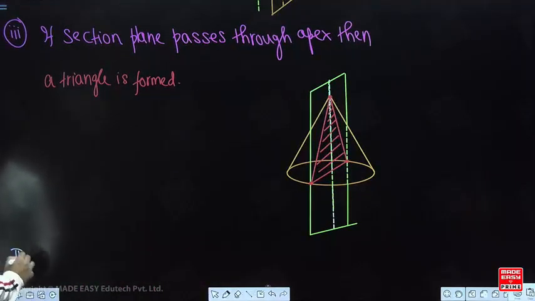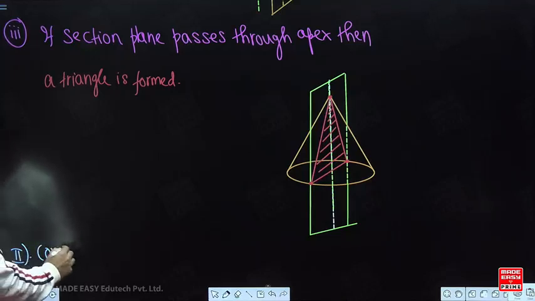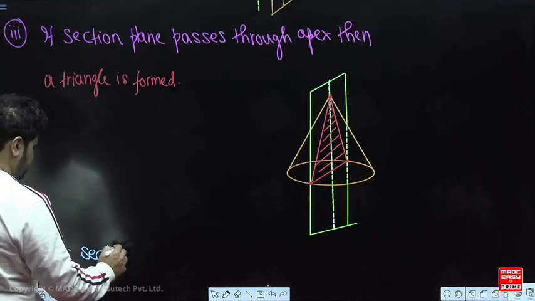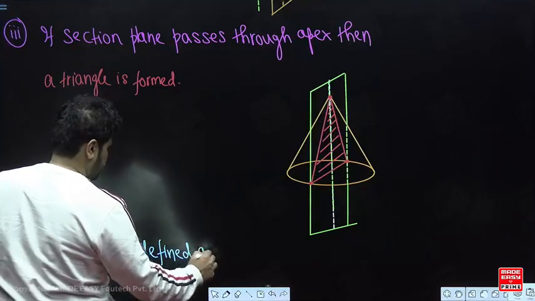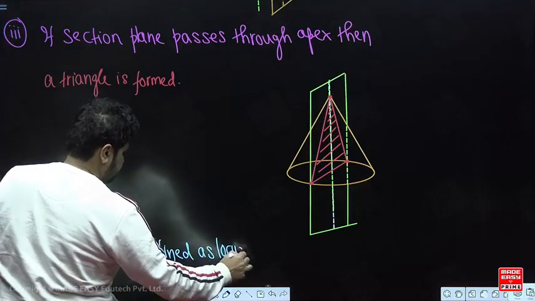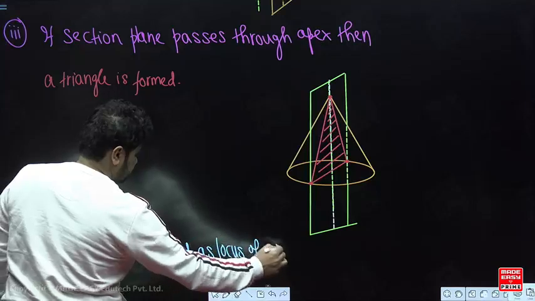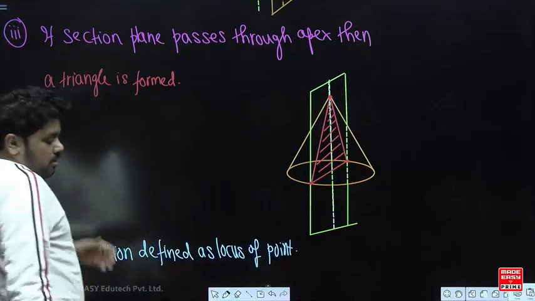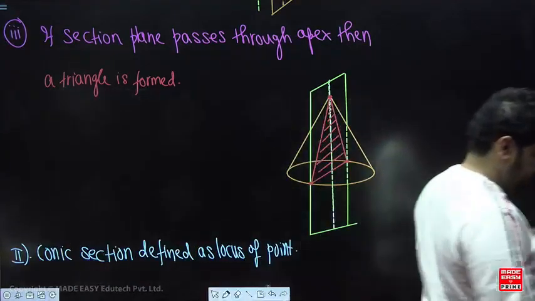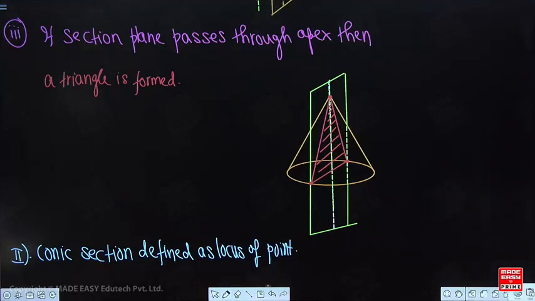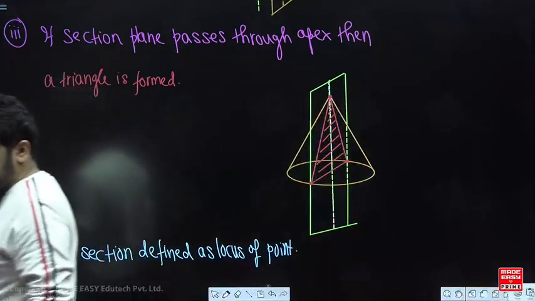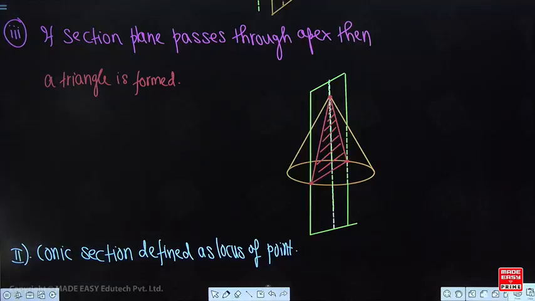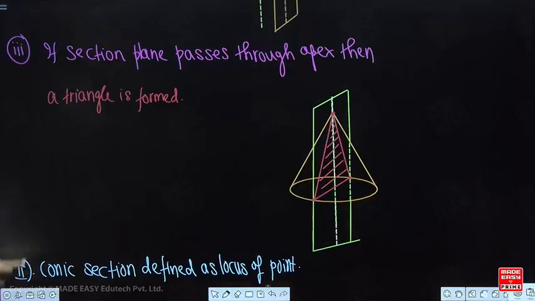Second one, conic section defined as locus of point. Conic section defined as locus of point. I hope everyone is following it. Right.